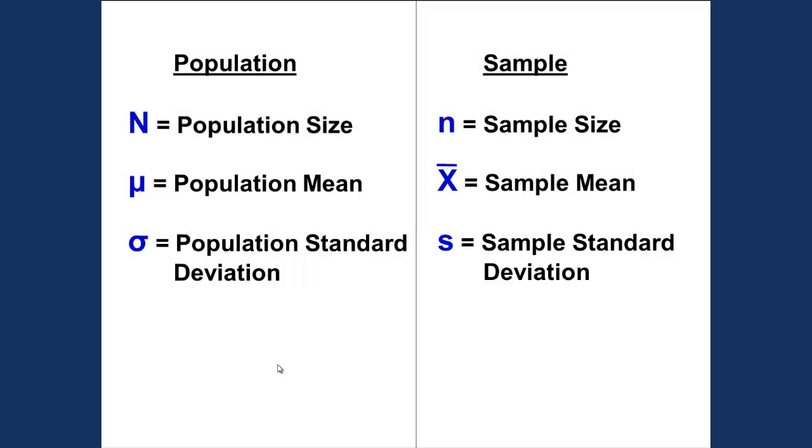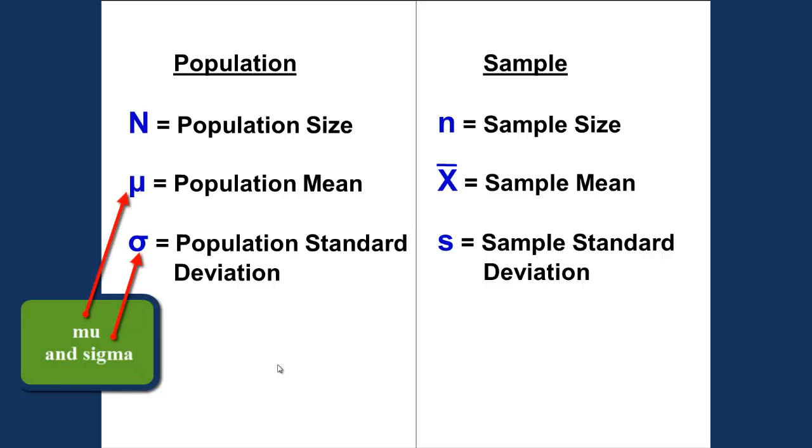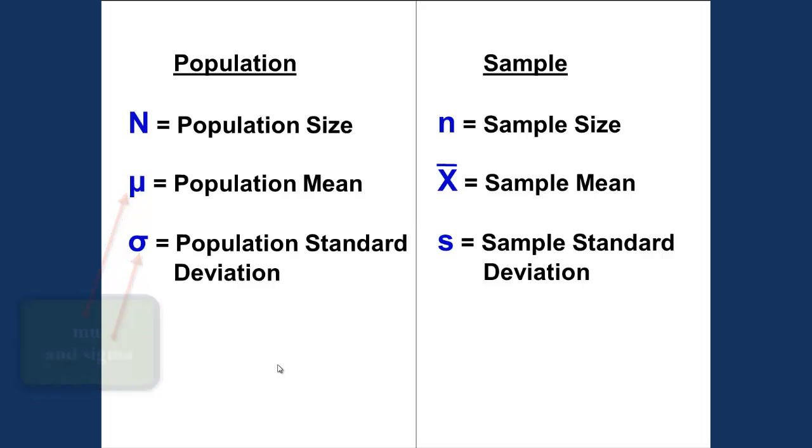One way that I keep straight which symbols are which is that the Greek letters mu and sigma both are population, while the English letters x and s both go with the sample. And N, being capital, is larger, therefore is the population, and the lowercase n would go with the sample. It's not a perfect solution, but is one way that I help keep this straight.